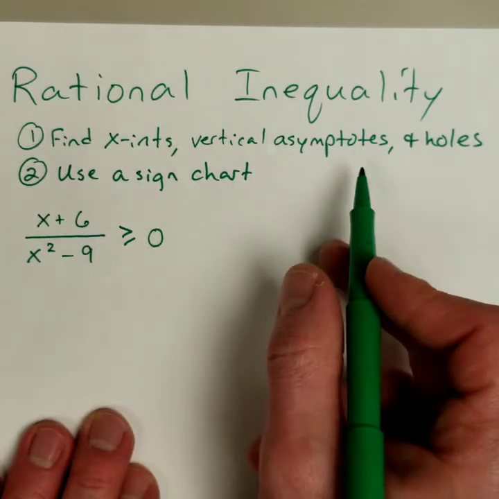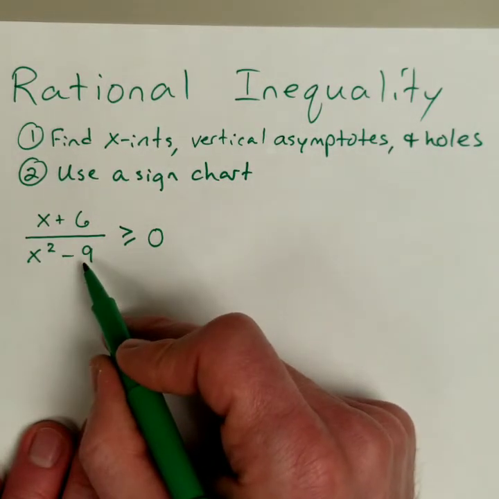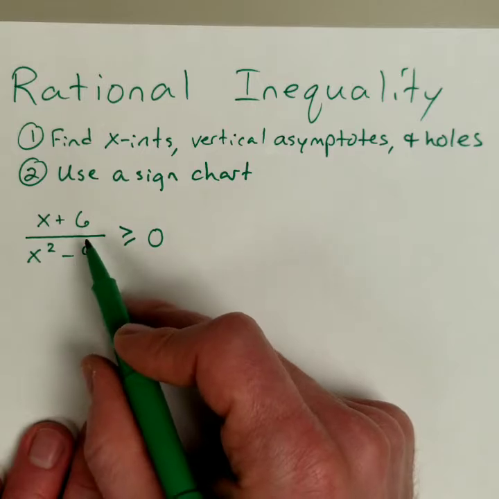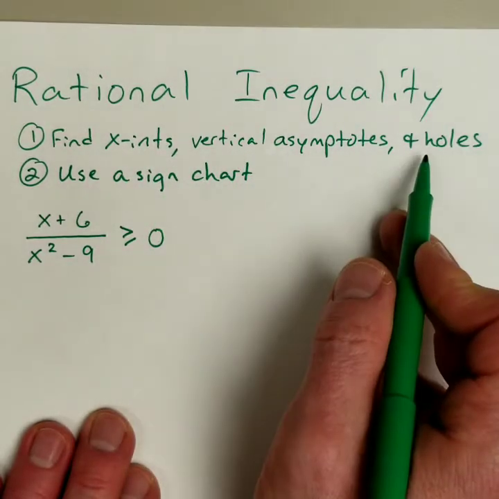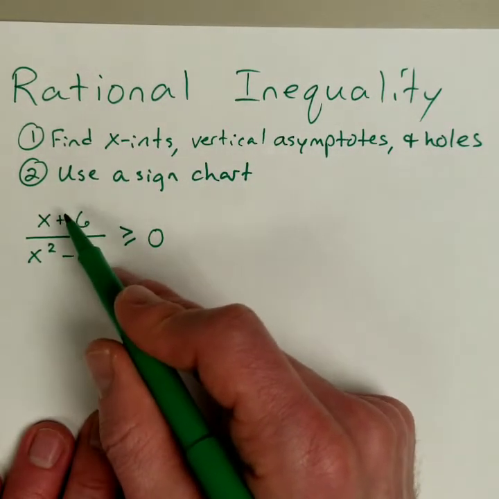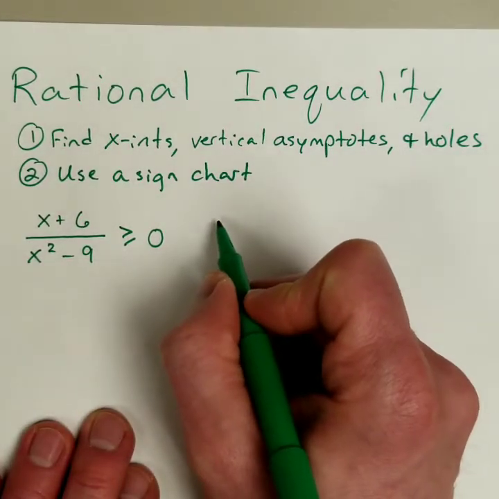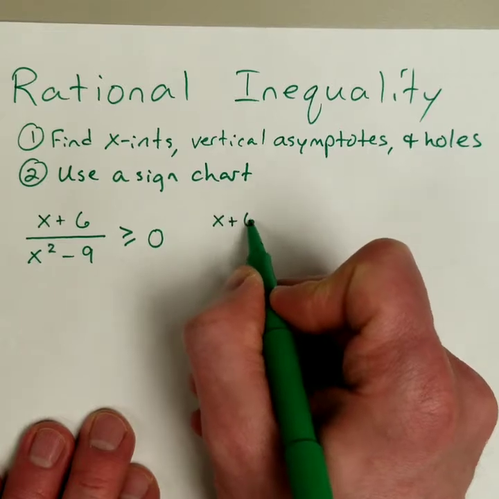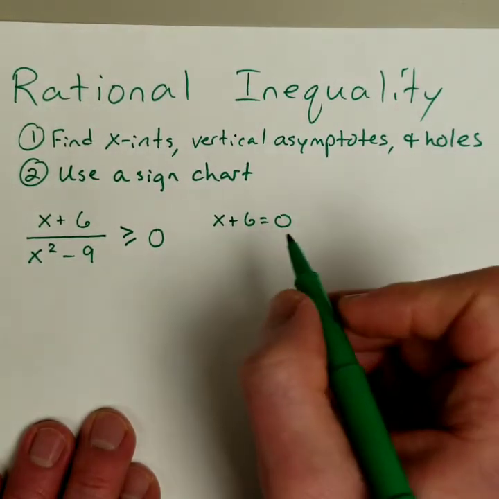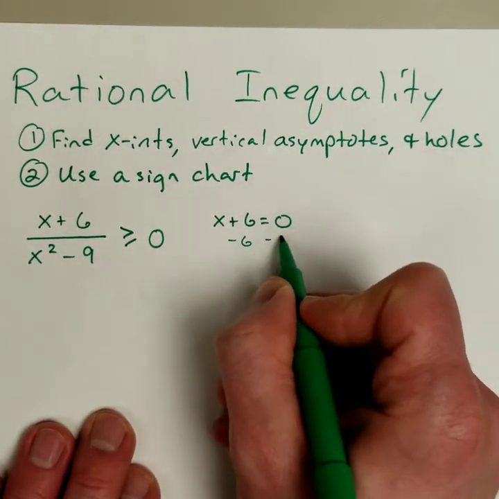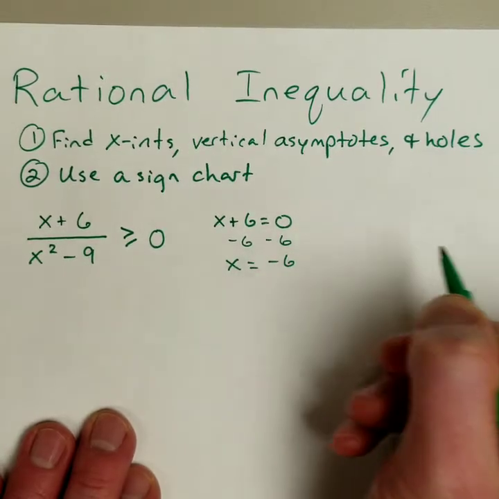Actually, before I even go there, I need to factor and solve the numerator and denominator. Remember, the x-intercepts, vertical asymptotes, and holes all come from the zeros of the numerator and the zeros of the denominator. So I'm going to take x plus 6, set it equal to 0, and solve. I get negative 6.